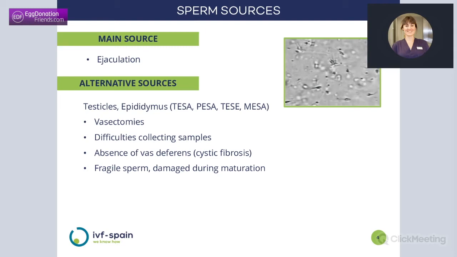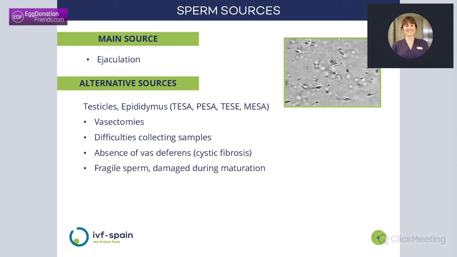There are some patients which might have difficulties collecting the sperm sample. There are some genetic mutations. For example, a very famous one would be the one related to cystic fibrosis, which leads to the absence of vas deferens. So these are the tubes that expel the sperm cells from the body.